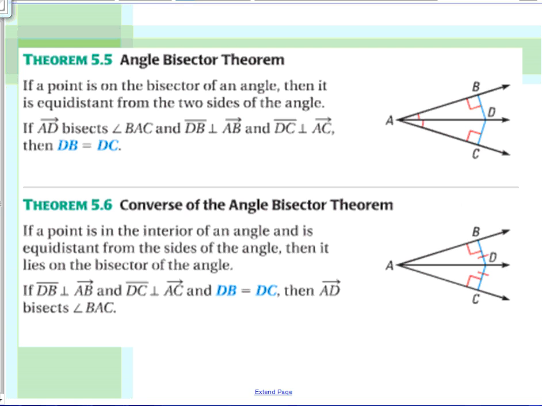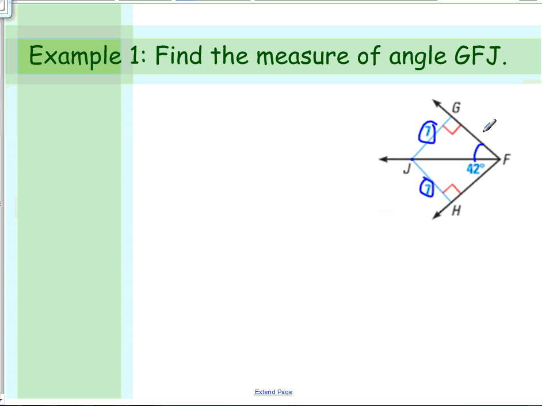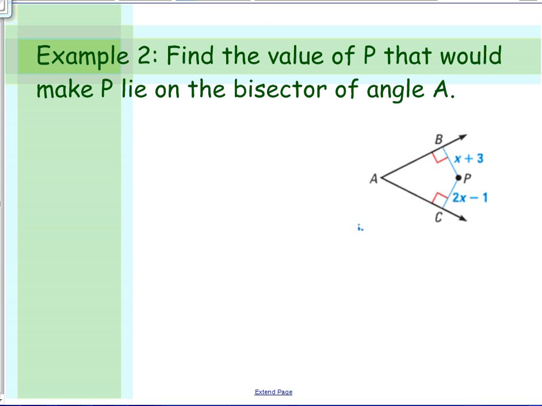So we are using the converse of the angle bisector theorem, proving that FJ is an angle bisector, which by definition means that it's splitting this angle in half. So since we know that HFJ is 42 degrees, then angle GFJ also has to equal 42 degrees.